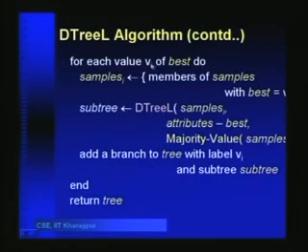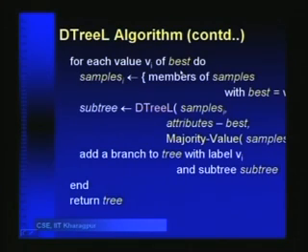Then for each value vi of best, now see best may not be a boolean, it may be a multi-valued variable like we had patrons, like we had weight estimate. So, for each value vi of best, we split the samples based on the value of the variable. Is it clear? So, suppose we look at the variable best and it can have 3 possible options, right.